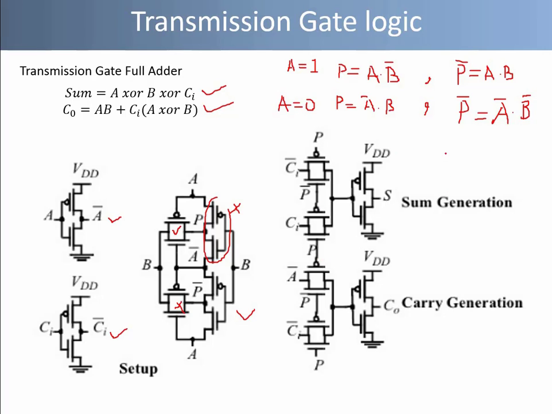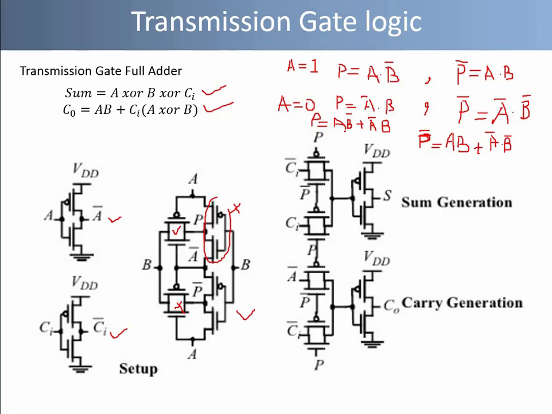So together we can write P is equal to A and B complement or A complement and B. Similarly, P complement is equal to A and B or A complement and B complement.